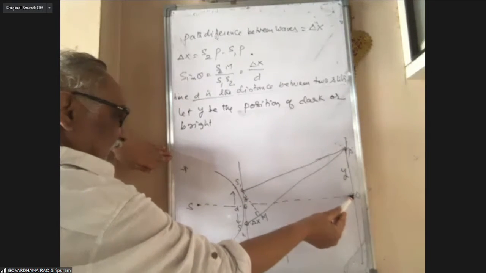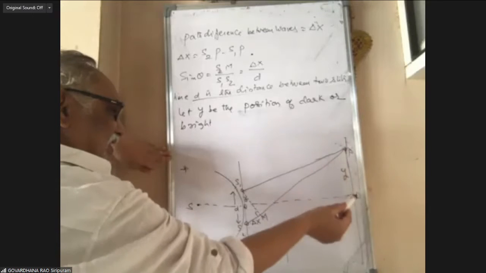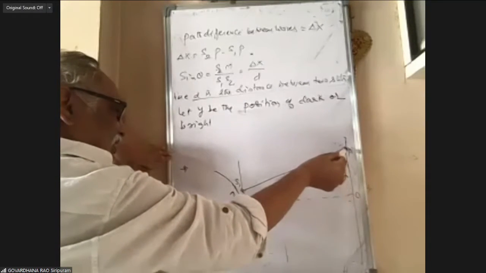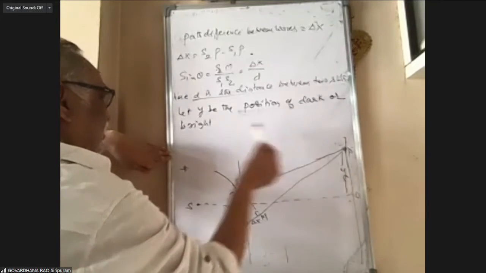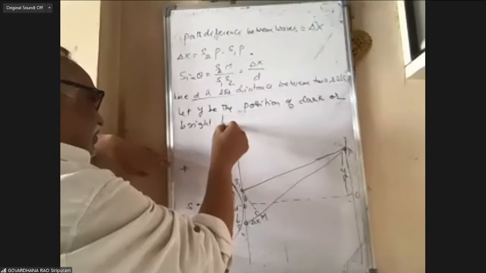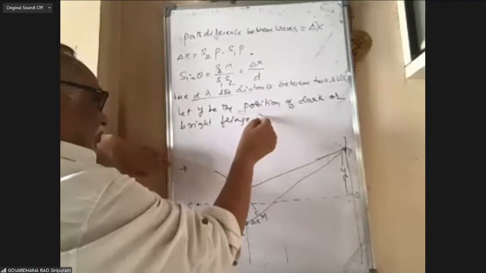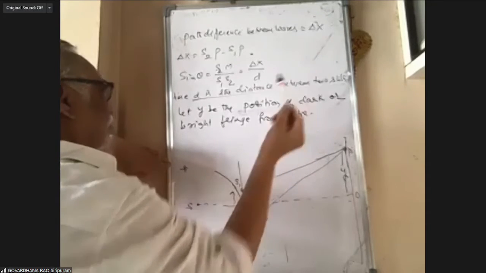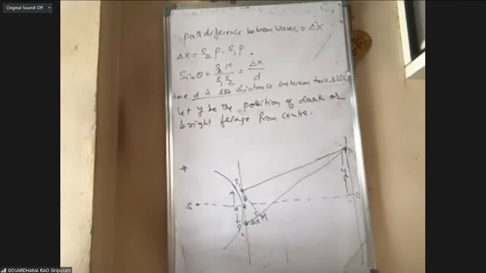This O is the center. From the center, the distance from the center to the point P, maybe this is dark or bright. Let Y be the position of the dark or bright fringe from the center. Okay?